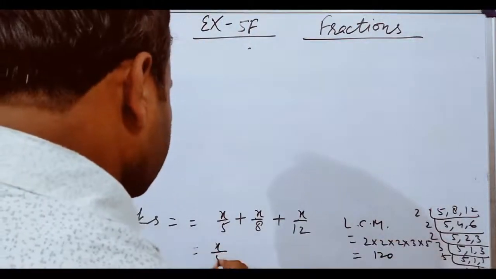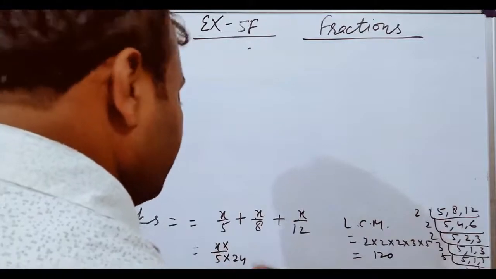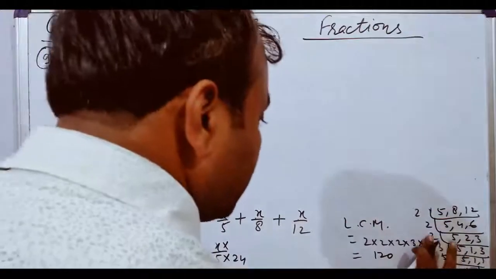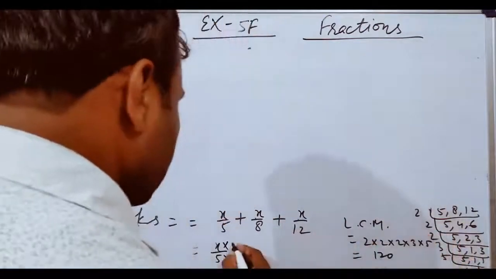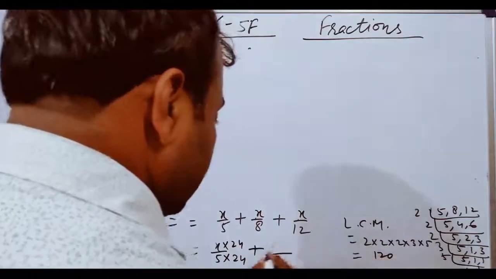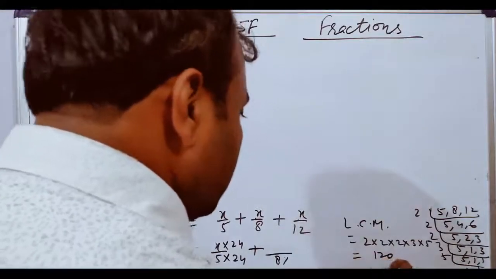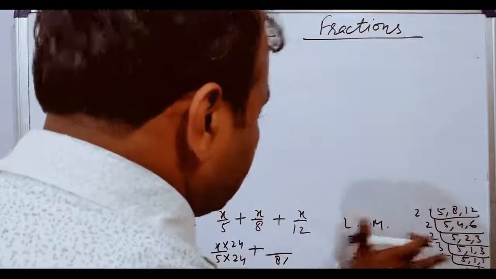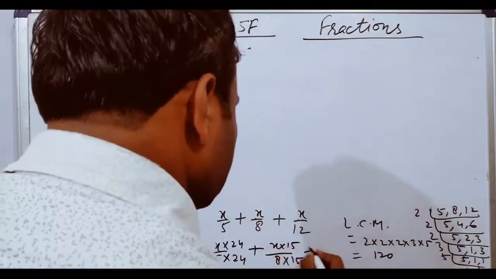So we'll make denominator same. Multiply by 24 to make it 120. We hide 5, 3 times 2 are 6, 2 are 12, 2 are 24. Up and down. To make 8 into 120, we multiply by 15.